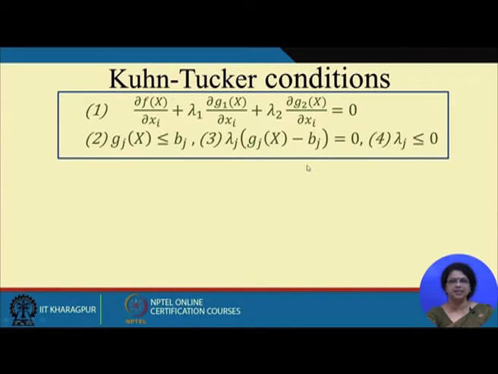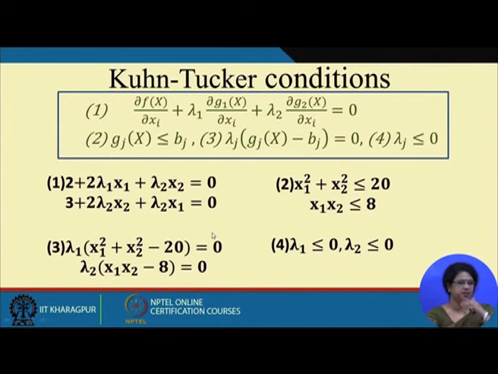And if we consider this, we do not know initially which is the active constraint and which is the inactive constraint, okay, because we do not know the values of lambda 1 and lambda 2, but you have an idea from the graph which one is active and which one is inactive.